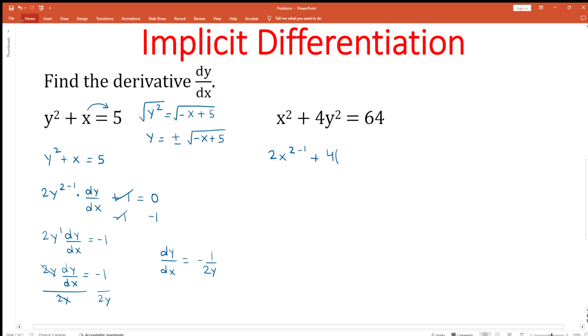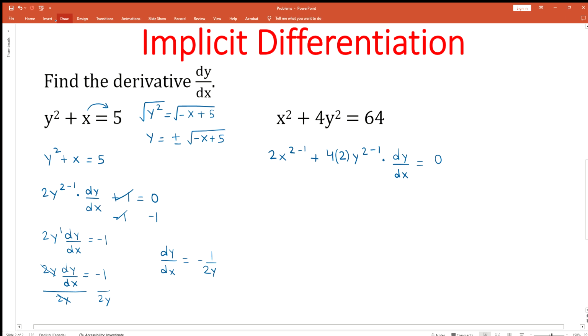We should move the exponent 2 to the front of the term and subtract 1 from 2, times the derivative of the inner function y. This is the derivative of the term 4y squared. 64 is a constant, so its derivative is equal to 0.